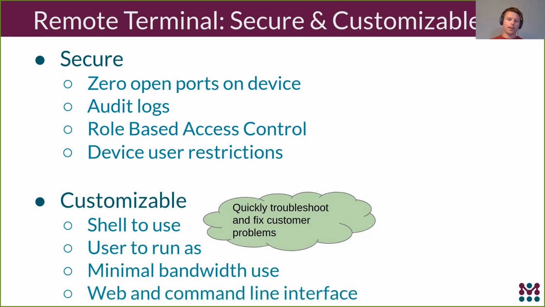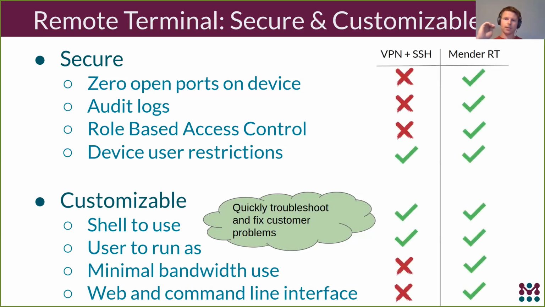There is a web and command line interface available. The web one is through the familiar Mender UI, but there is also support for it in the Mender CLI utility. If we compare this to the most common solution, or partially homegrown solution, seen in the field, which is a VPN and SSH combination, you can see that there are both security and customizability advantages to the Mender remote terminal.